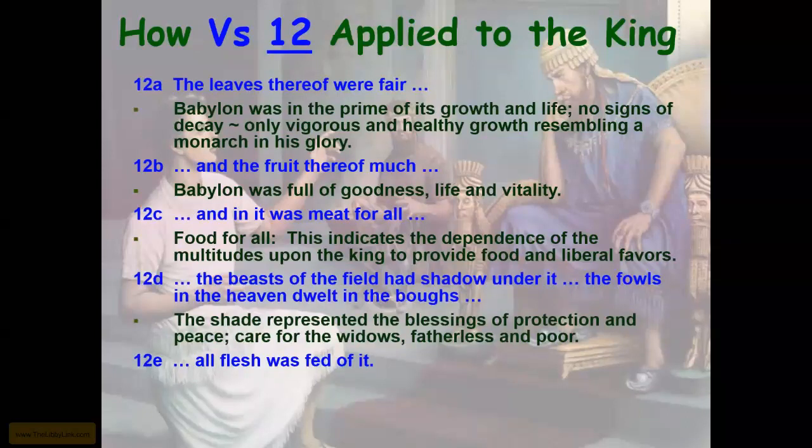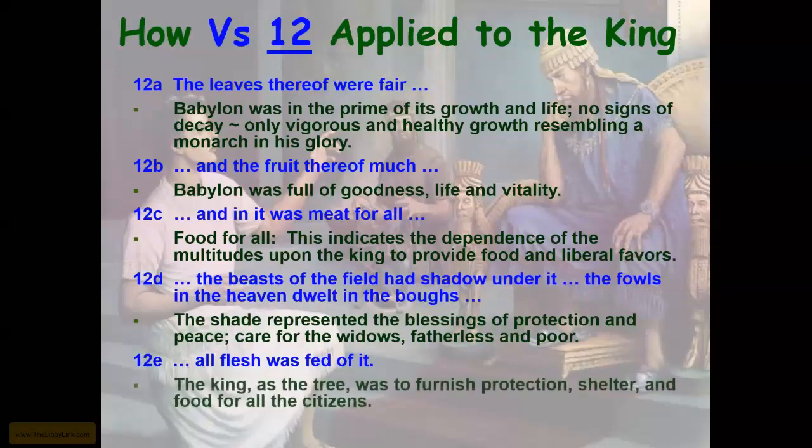Being known as the Golden City, Babylon had a tremendous amount of wealth. There was no difficulty to provide for everyone. All flesh was fed of it, meaning the king is likened to the tree. Therefore, he was to furnish protection, shelter, and food for all citizens.